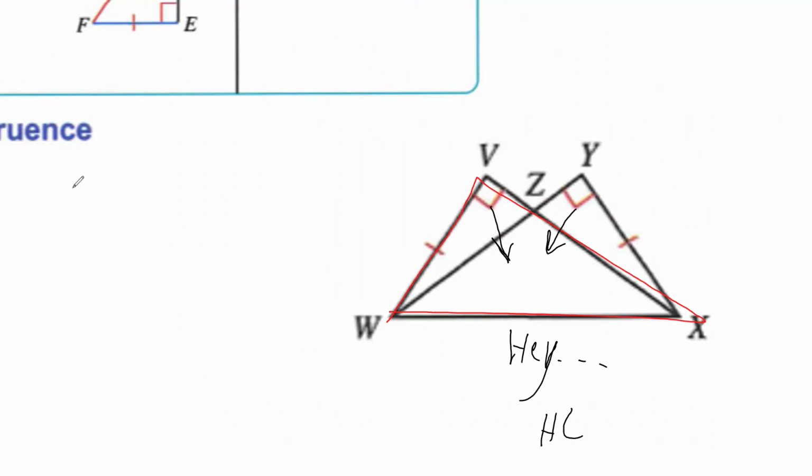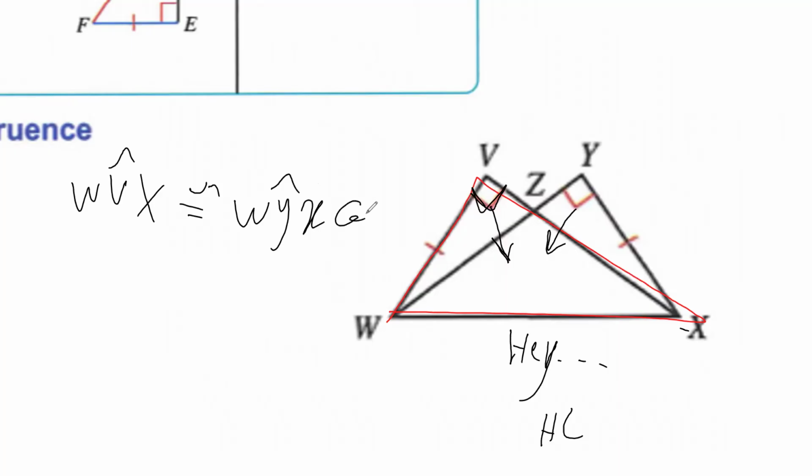You're going to say, because angle WVX, where's WVX? This angle is congruent to WYX. How do I know these two are congruent? Because it's already given, both of them are angle 90. Then that's the first one. Second one, I'm going to say VW is congruent to YX.